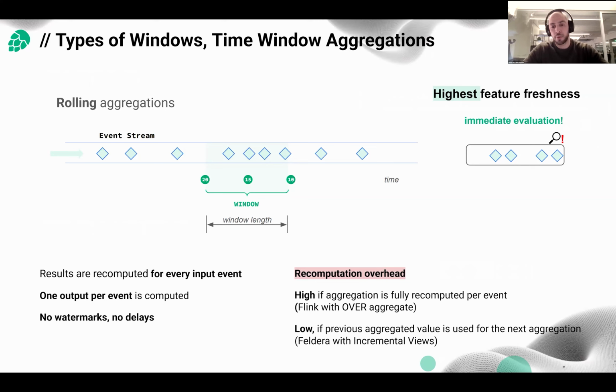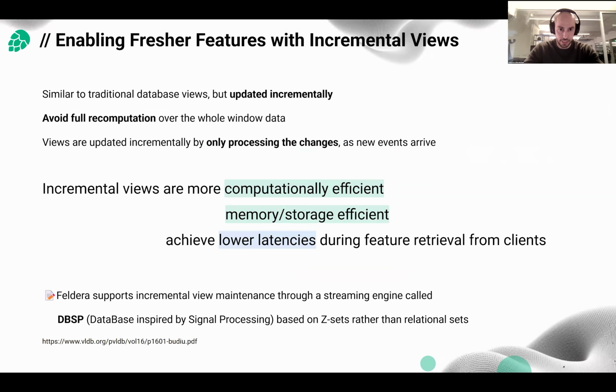So in the case of Flink, for example, the whole aggregation will be recomputed fully every time one event comes in. But for example, if you're using Caldera that supports incremental views, every time the aggregation is recomputed, not all the values are used to recompute the aggregation, but only changes between the new one coming in and the state of the previous computation will be taken into account to update the aggregation.